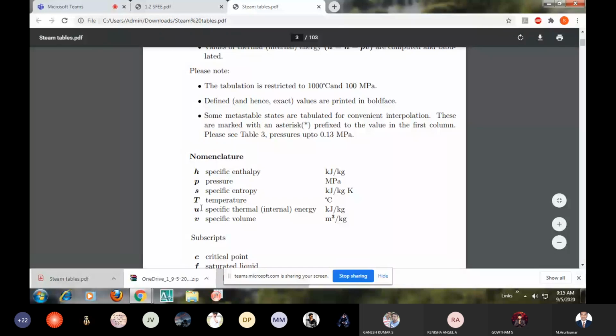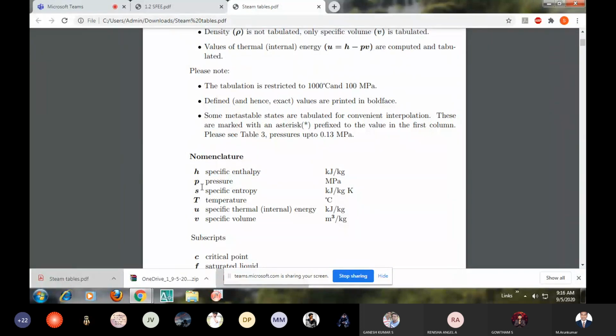If the symbols are in small letters, they are specific properties. So H is enthalpy, S specific entropy, P pressure. Because P can be used in some other properties, we write pressure in small letters. Also we have small u, specific internal energy, then small v, specific volume.